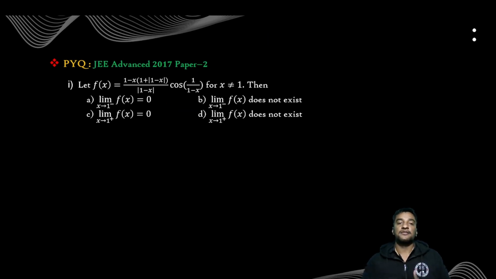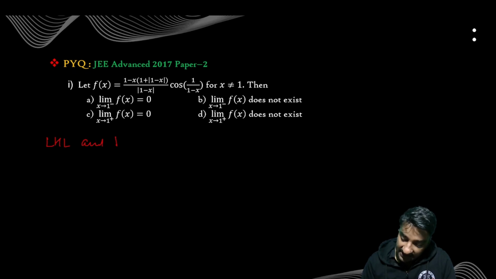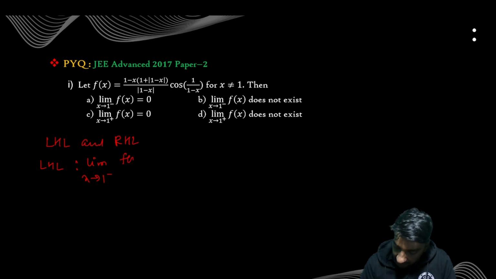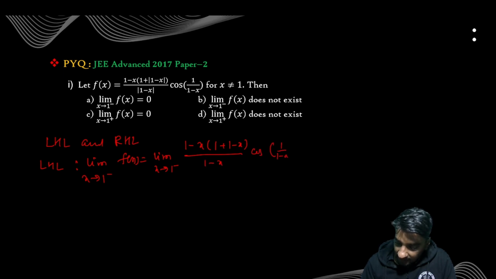So next we have one beautiful problem. It's very simple. Whatever we have learned so far, we will apply in this problem. So we need to calculate LHL and RHL in this problem. First of all, let us calculate LHL. So limit x tends to 1 minus f(x) equals limit x tends to 1 minus, this is equal to (1 minus x) plus (1 minus x) upon (1 minus x) cos of 1 by (1 minus x).